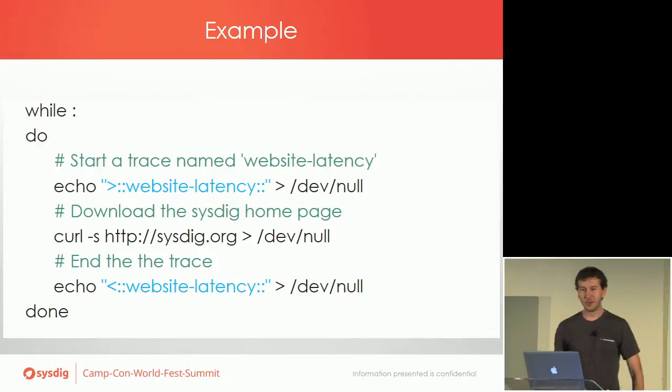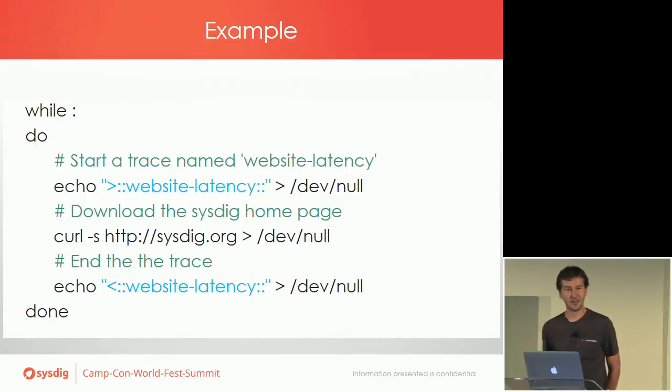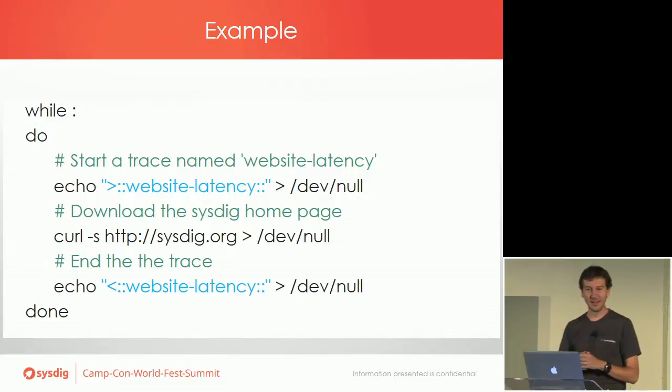The simplest possible example is tracing of shell scripts. I know it sounds sort of crazy as an idea, but this is pretty much an example of APM for a bash script. What this does is pretty self-explanatory: it's a pinger script that curls the Sysdig website in a loop.